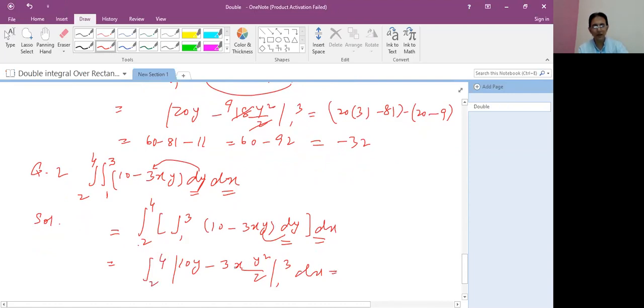If we put the upper limit of y, 10 times 3 is 30, minus 27x upon 2, since 3 square is 9, and 9 times 3 is 27.